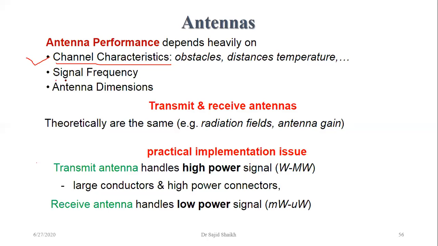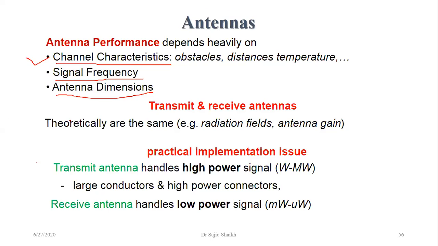Second, it depends upon the signal frequency, and third, the antenna dimension. These three parameters decide the performance of antenna. We will study all three in detail in the next chapter, so don't worry about that. Right now simply understand that antenna performance depends on these three parameters: the channel characteristics, signal frequency, and antenna dimension, right?